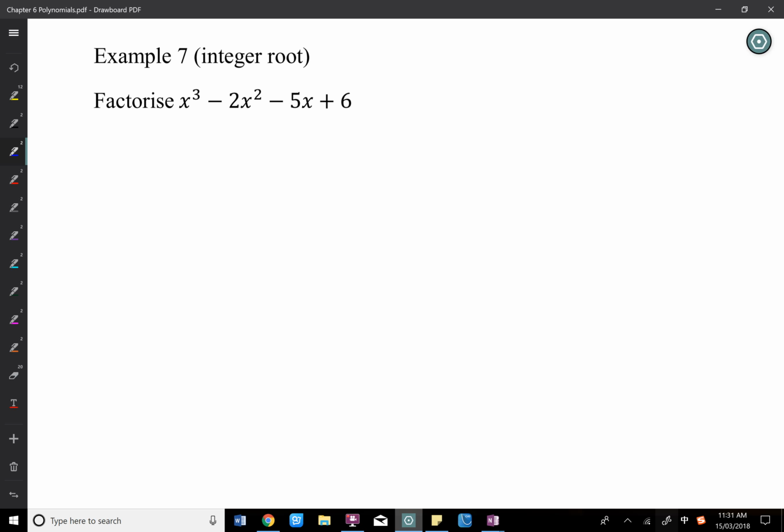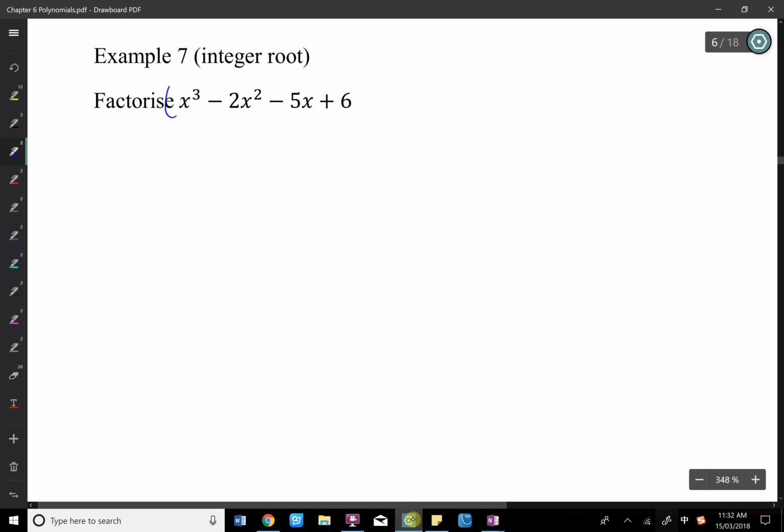So we try one value to make it work. What we could try is look at the coefficient of the leading term and the constant.